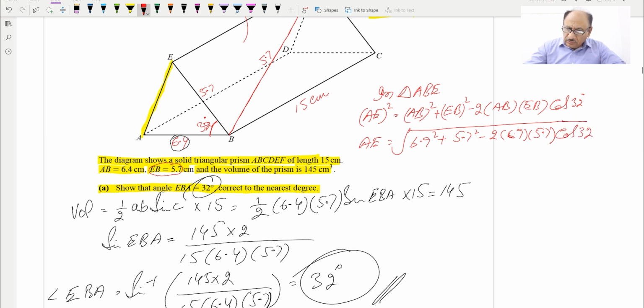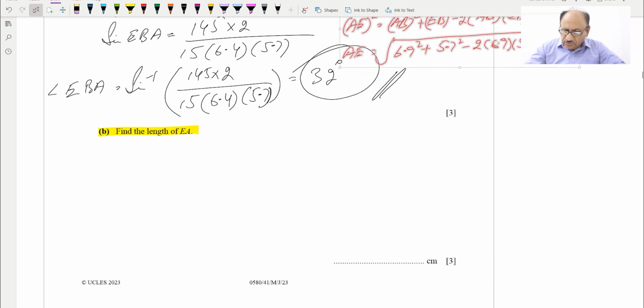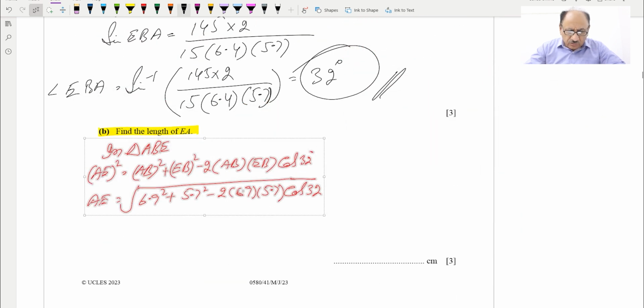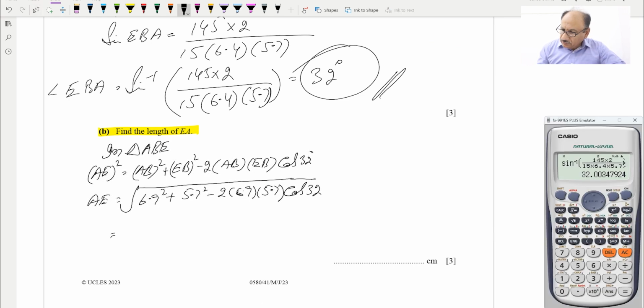This will be our cosine rule application, and we can shift this to the proper location and solve the rest over here. AE will be the square root of 6.9 squared plus 5.7 squared minus 2 into 6.9 into 5.7 into cos of 32 degrees.